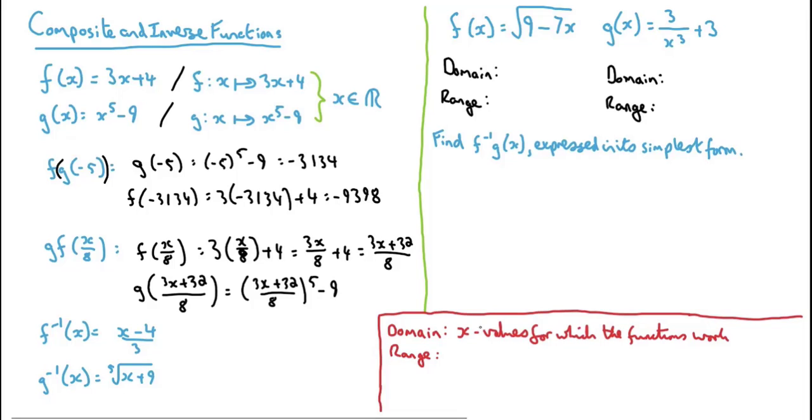On the other end of things, the range is then what answers you can get from any function. Again, most functions, or many functions, will be able to give you any possible answer depending on any possible x value that you put in. But in some cases you are going to be more limited.